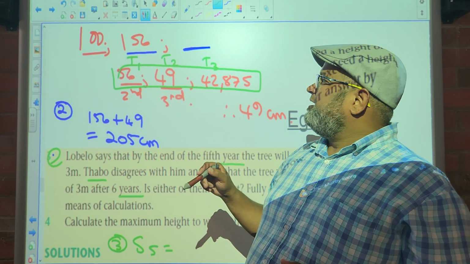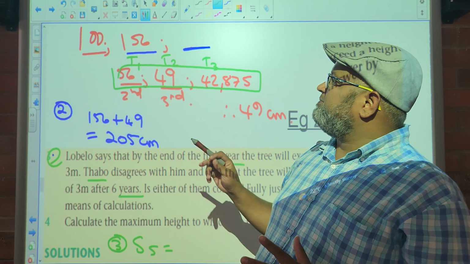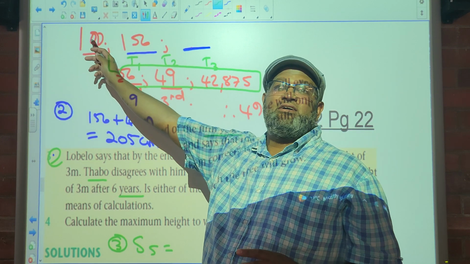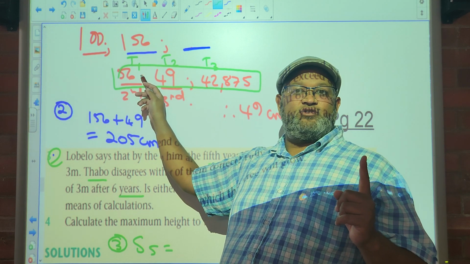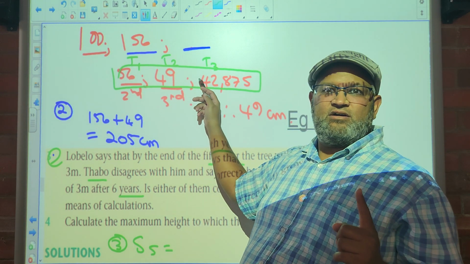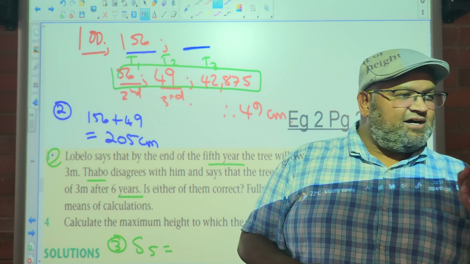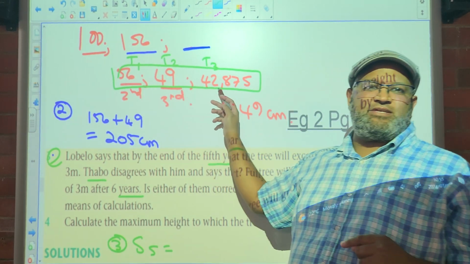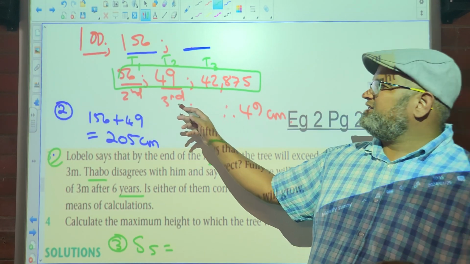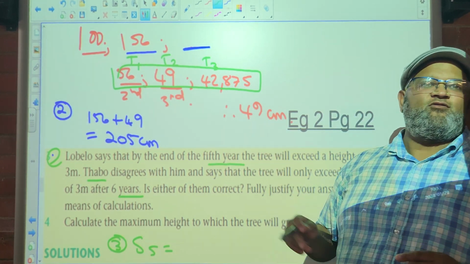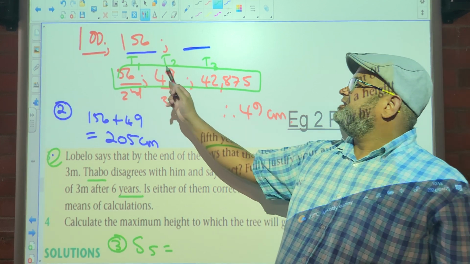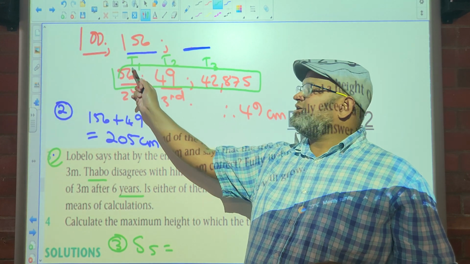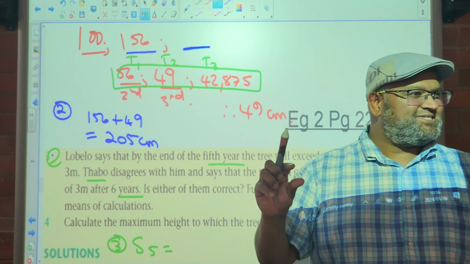But you must also remember that this is actually year 1, and this is year 2. So the first year does not conform to the pattern, while year 2, year 3, year 4 conform to the pattern. Although year 2 is term 1 of the sequence.